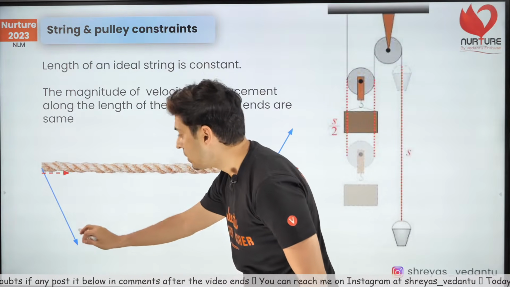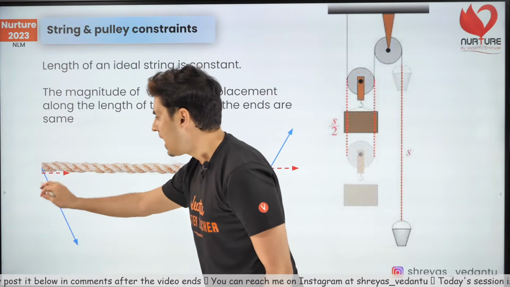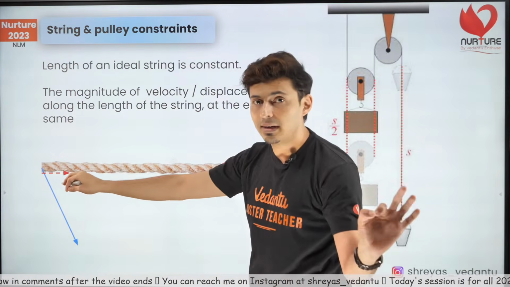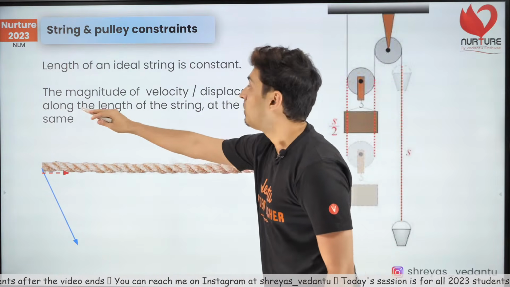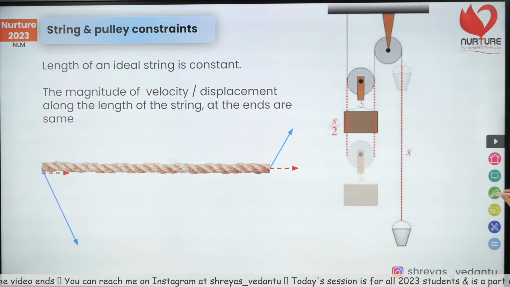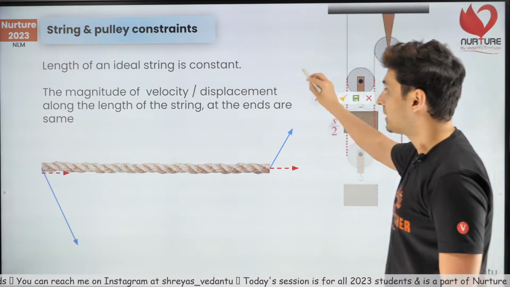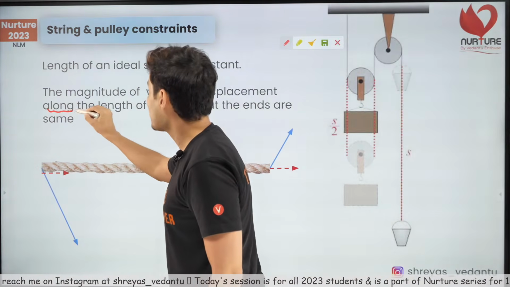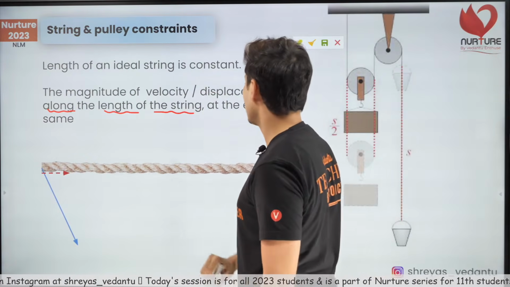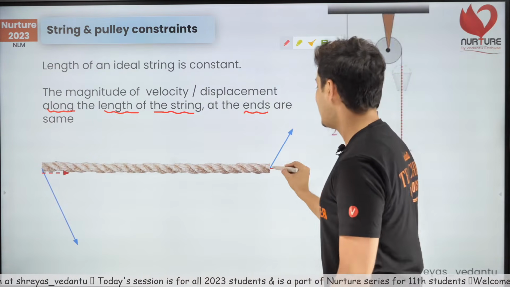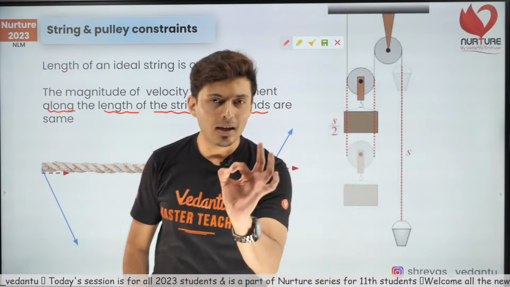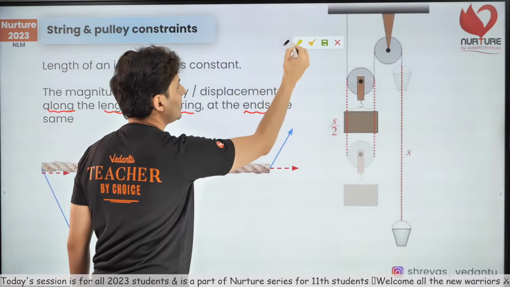Same way, this velocity has two components. I'm not worried about the perpendicular component. I'm only worried about the component which is along the string. That's what is important. The component which is along the length of the string at the ends. These are the two ends. Now, just let me tell you one thing.